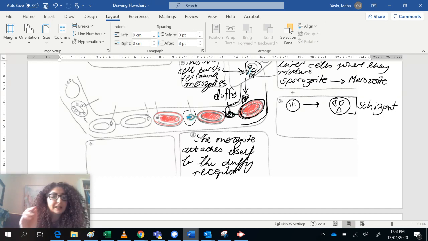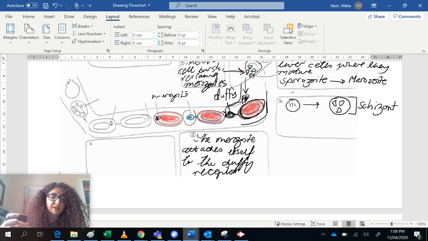Okay. Now, after it's attached itself to the Duffy receptor, remember I told you it's now going to enter, and we can actually see that it's just entered just right there. So now we've got this merozoite inside, so that's just your merozoite still. It's just entered that red blood cell, so it's just sitting there.